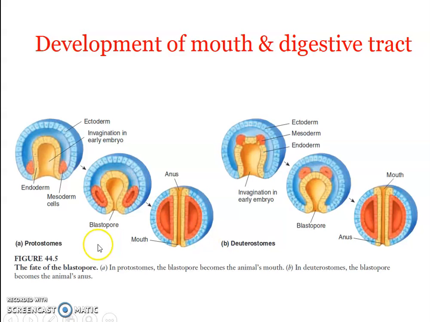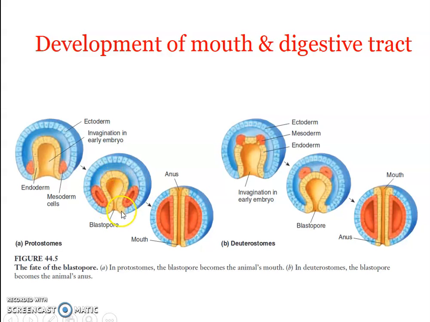Okay, in protostomes, the mouth is gastrular and it develops from the embryonic blastopore. So this is the blastopore, and this is the cavity which is supposed to develop into the alimentary canal, the gut.